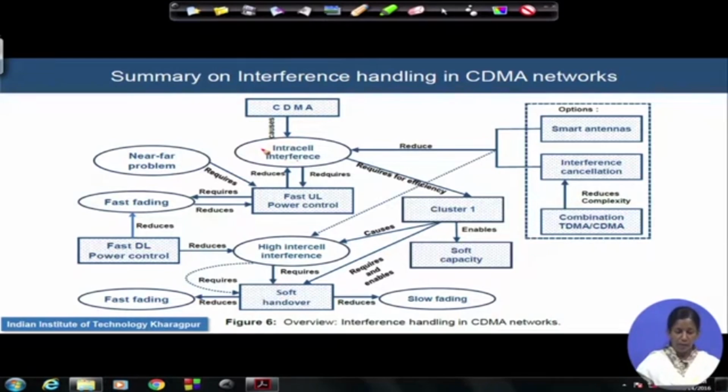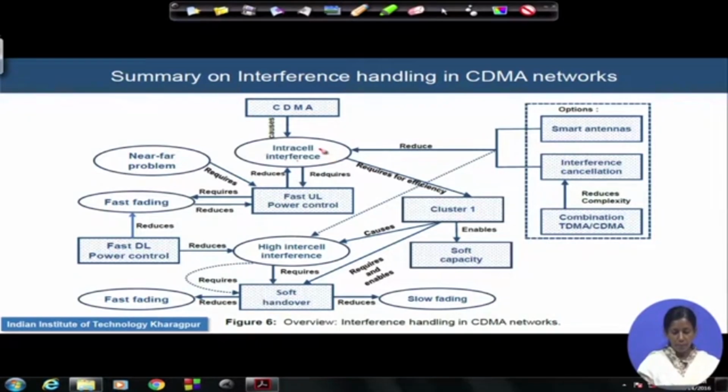Once it is there, it requires some fast uplink power control. This intracell interference also comes from the near-far problem, which is the location-dependent power transmission, because of which we saw that the power received from the nearest mobile station will be more than from the farthest one, and the nearest mobile station's power is creating huge interference on the signal received from the far away mobile stations.